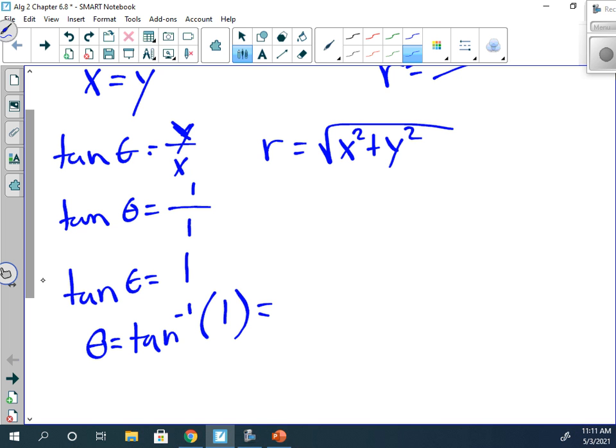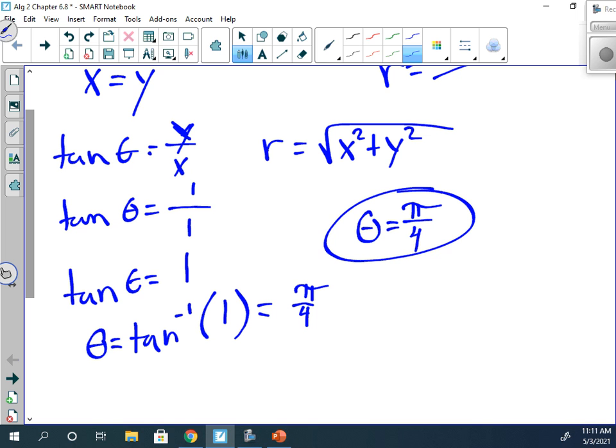Pi over 4 is actually all it's going to be, because r really doesn't give us anything, because we don't have an r to speak of. It's weird how these work.